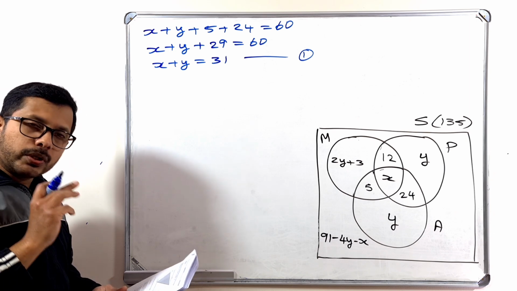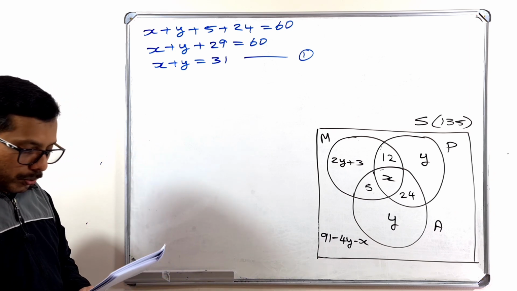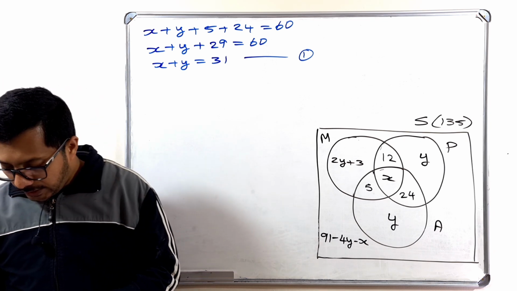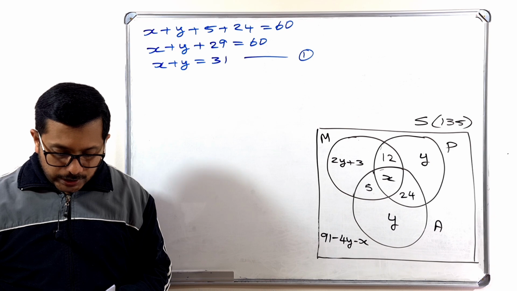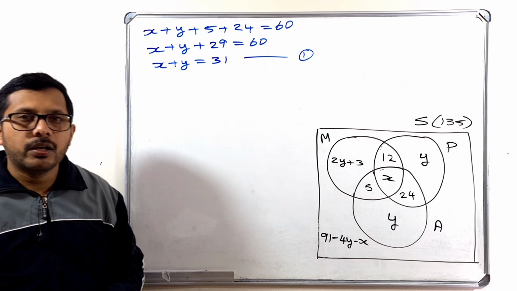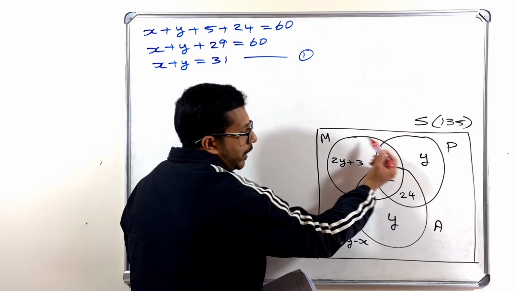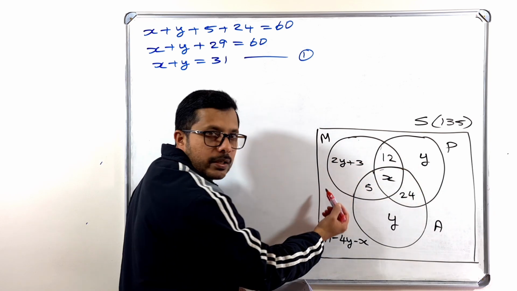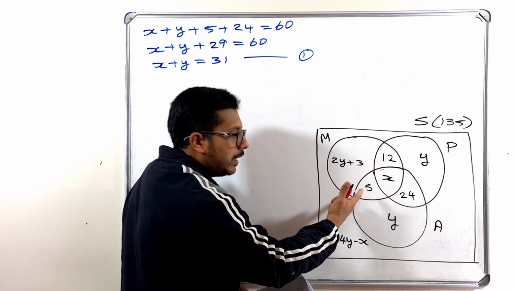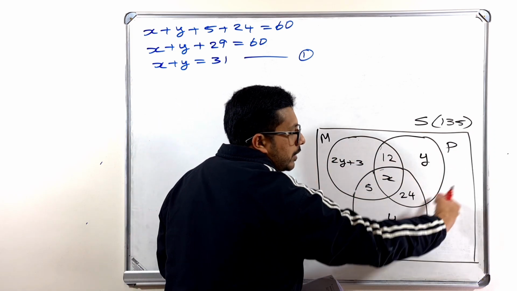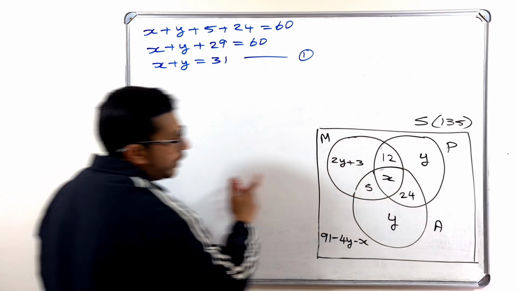Now look at the last bullet. The number of learners who take mathematics is equal to the number of learners who take physical science. What is the meaning of that? The number of learners taking mathematics, this is the mathematics circle. The total of this mathematics circle is equal to the number of learners taking physical science. So what is the total of the mathematics students?